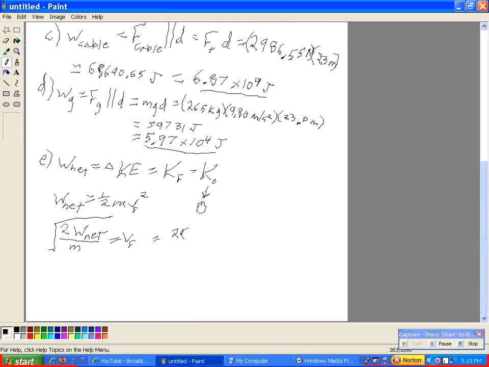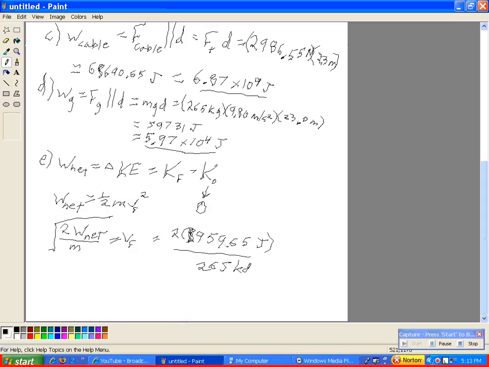So 8, 9, 5, 9 point 65 joules. Alright, and the mass was 265 kilograms.